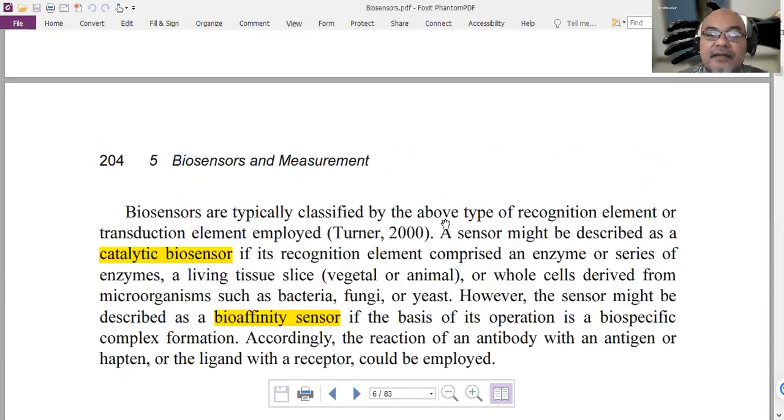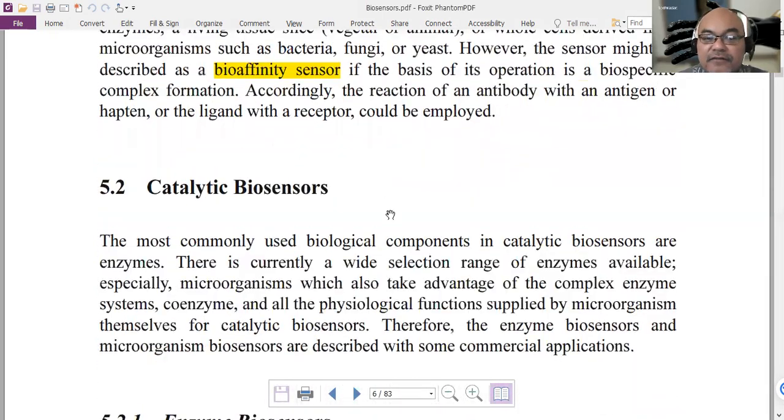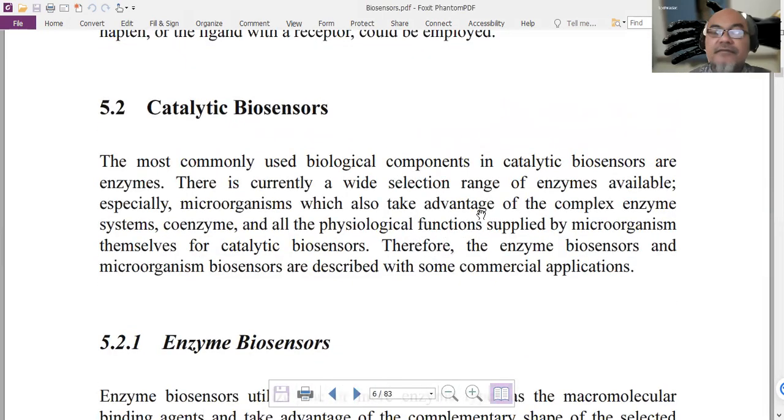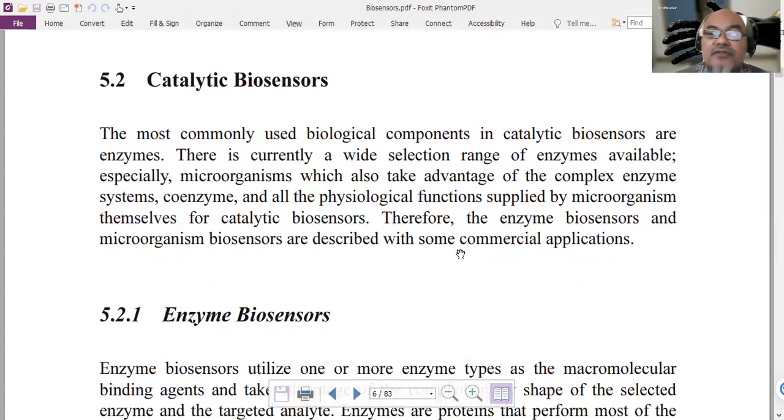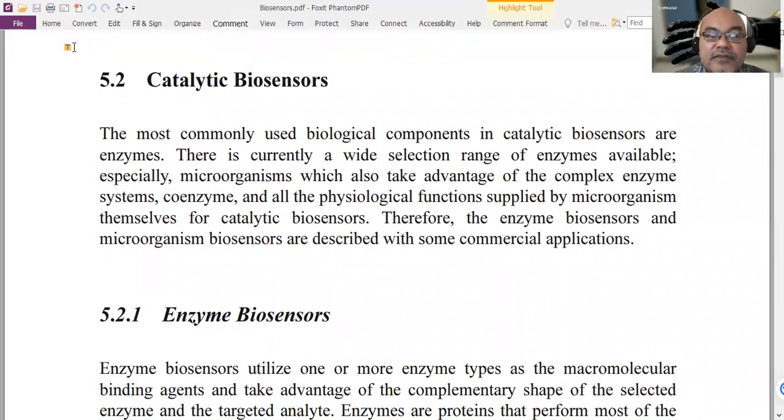Okay, so now we try to go into more detail on each of these types of biosensor, catalytic biosensors and affinity biosensors. The first one, the most commonly used biological component, is the catalytic biosensor, for which we usually use an enzyme. There is a wide selection of enzymes that we can use.